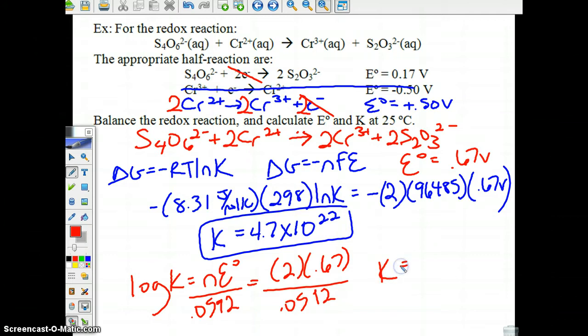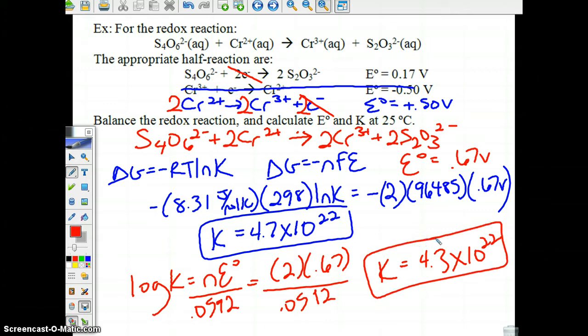And if you work it out, you get 4.3 times 10 to the 22nd. So you get a slightly different answer, we got 4.7, this one says 4.3. It's really the power that is most important. So you could have used that equation instead of what we did. They're doing the same thing. So that's just that derivation of the Nernst.